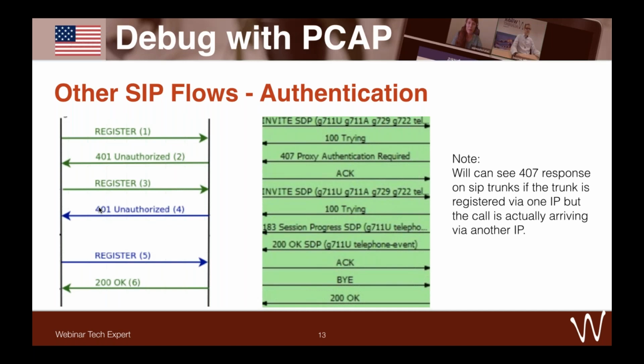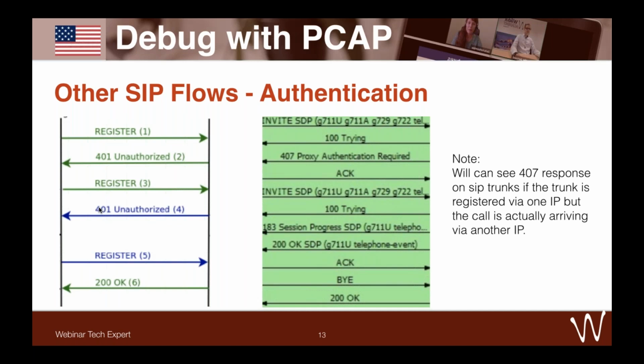So this flow on the left shows a standard sort of registration and the processing that occurs there. Essentially I send you a registration, you say, hey, you're not authorized to be here. Along with that unauthorized, I send some additional security related information.